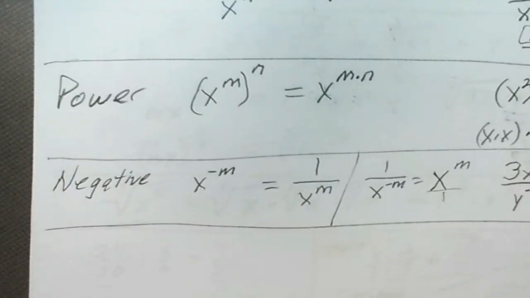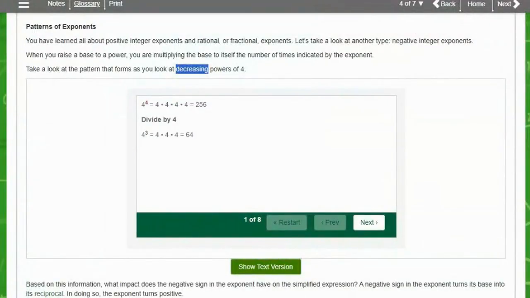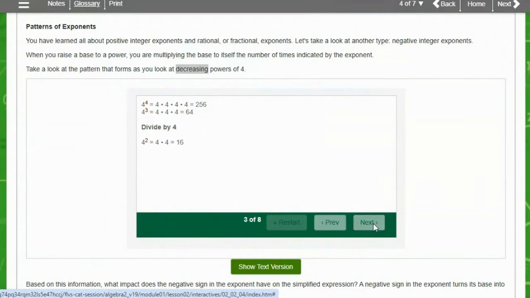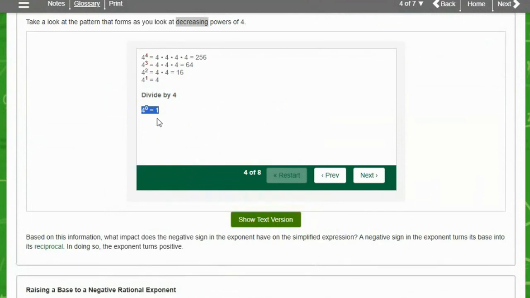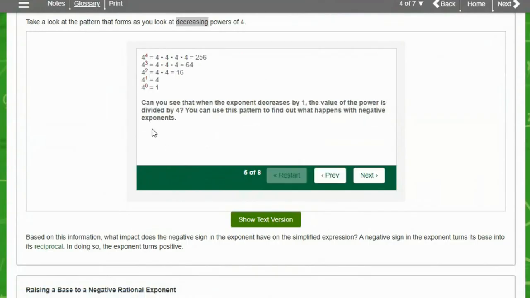All right, let's look at the lesson where it's talking about the same thing. It says, if we have 4 times 4 times 4 times 4, 256, divide by 4, it's 64. And then they take it down to 4 squared and 4 to the first power and 4 to the 0 power, just like we were doing on paper. 4 to the 0 power is 1, because if we just keep dividing by 4, can you see that when the exponent decreases by 1, the value of the power is divided by 4 each time?